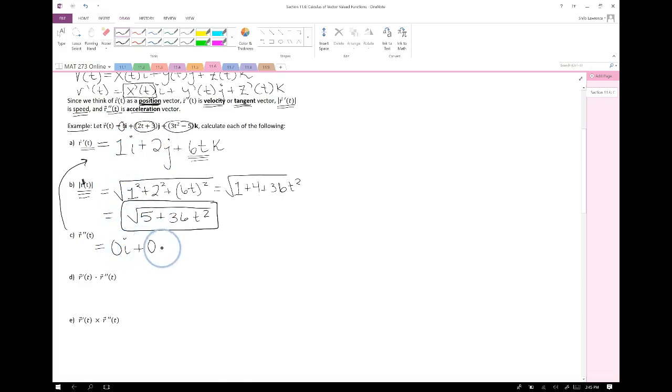The derivative of 2 is 0 in our j component. And the derivative for 6t is just 6 in our k component. Now, those zeros are optional. You can write them if you want to see all three of your standard unit vectors, but if you don't, we could just say this is the same as 6k.